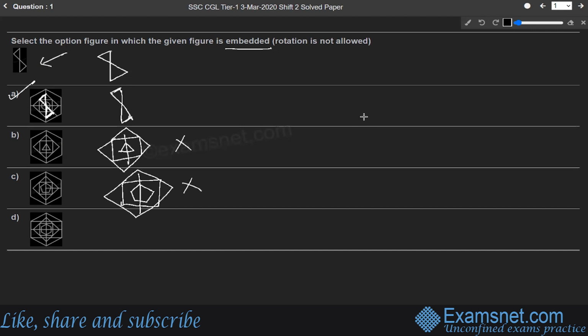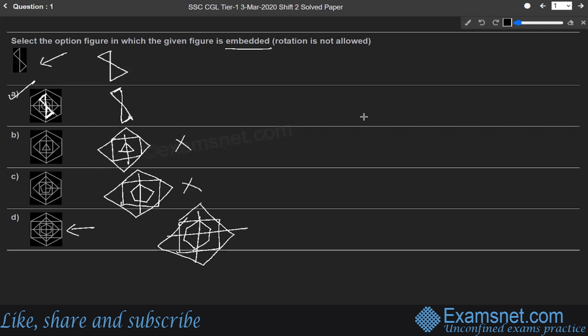Now let us look at the last option. In the last option, there are two straight lines that are intersecting each other and a hexagon is present here. Hexagon is a figure that consists of 6 sides. So this is the required hexagon. Then it is present inside the square, as you can see here, and square is again present inside the diamond shape.